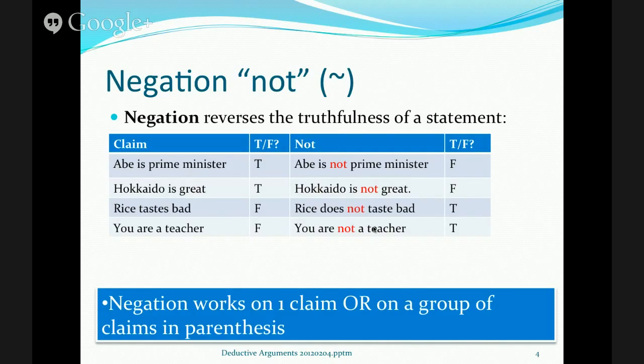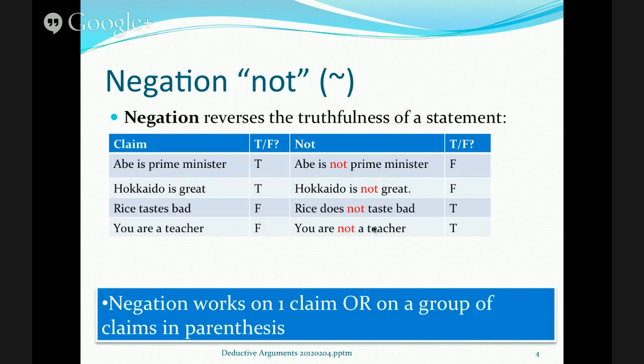Second claim, Hokkaido is great. This is true. If we change it to Hokkaido is not great, this becomes false. Rice tastes bad. This is false. If we change it to rice does not taste bad, this is true. You are a teacher.